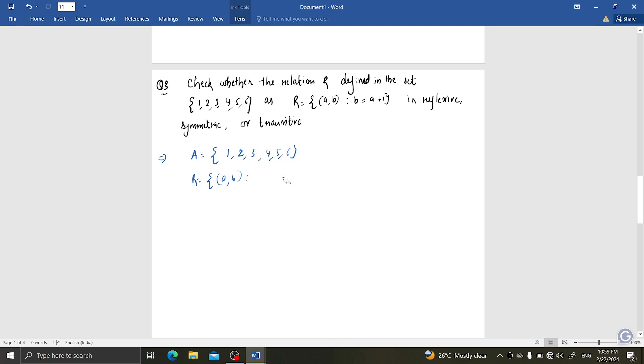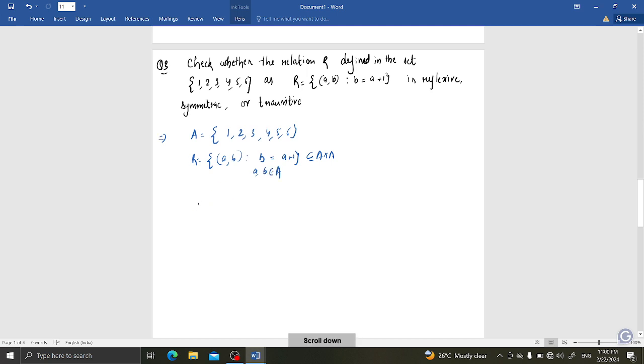B equals A plus 1, we have here. Okay. And it is a subset of A cross A. So if it is a subset, this A and B belong to A, obviously.